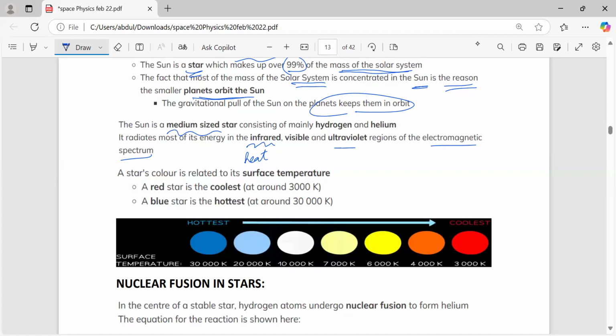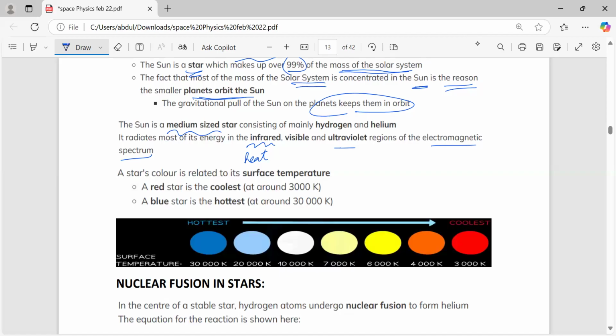These are the three parts of the electromagnetic spectrum in which the sun is majorly radiating its energy. During the day, all the time in Riyadh or anywhere in the world where there is a day, infrared heat is being transferred. Visible light is there and ultraviolet radiations are there.